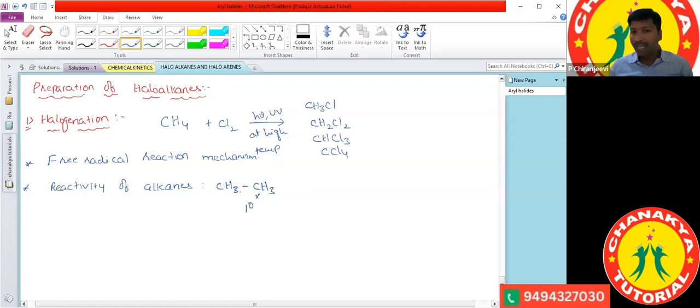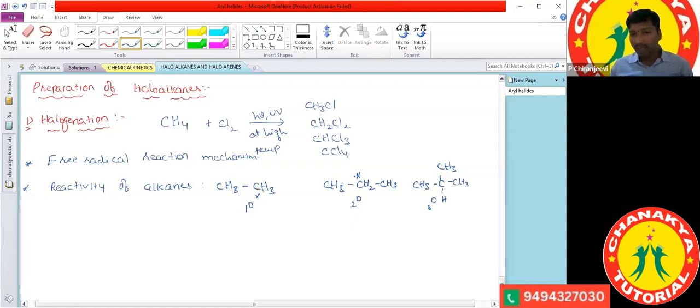The carbon which is attached to one neighboring carbon atom we call primary. Then CH3, CH2, CH3: the carbon attached to two neighboring carbon atoms is called secondary. And tertiary: CH3, CH, CH3, CH3. The carbon attached to three neighboring carbon atoms is called tertiary.